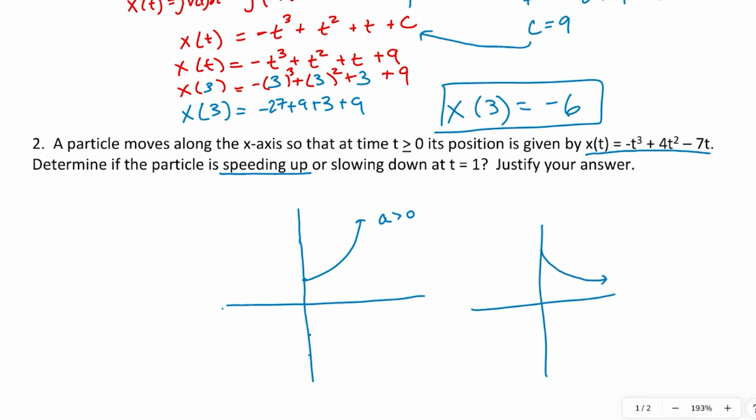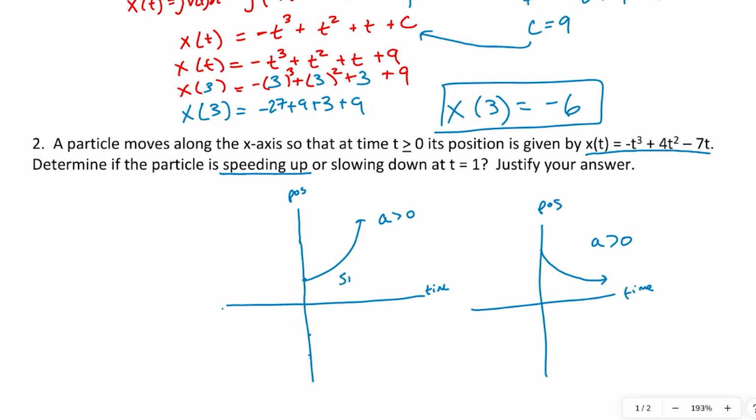Does that look like it's speeding up or slowing down? So this is my position, and this is time, right? It's slowing down. However, it's still concave up, meaning that the acceleration is going to be positive there.